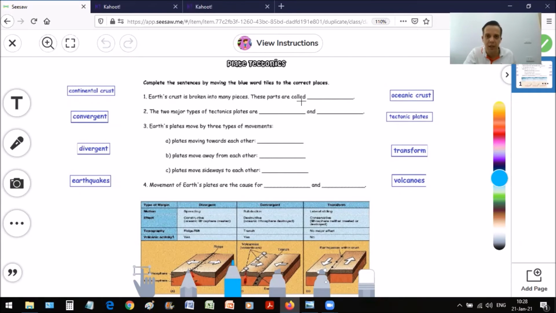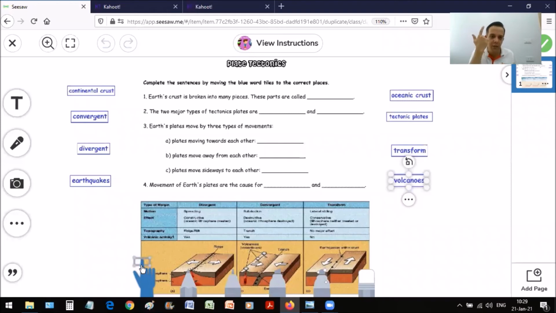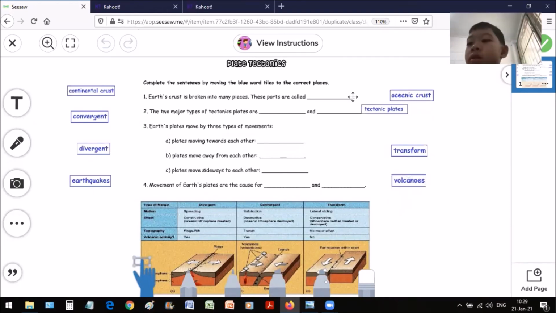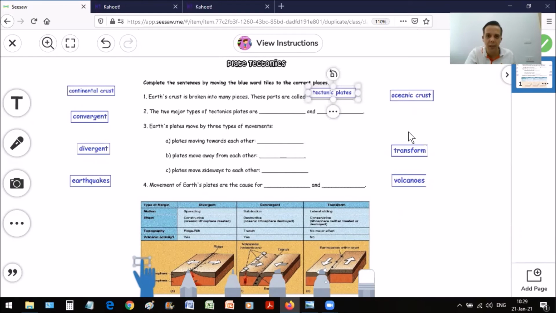These parts are called, who knows the answer? Tectonic plates. What you need to do is click this tool here, the one that looks like a hand with the finger pointing up. So you can move these words around and you can move them to the correct place.